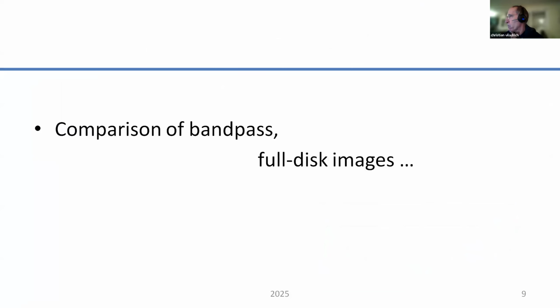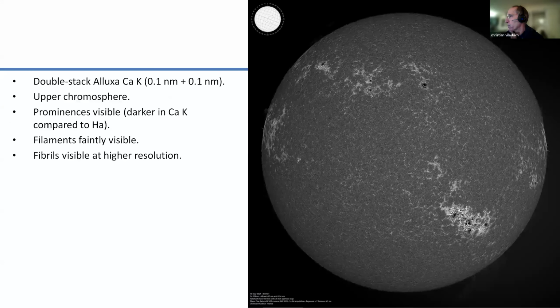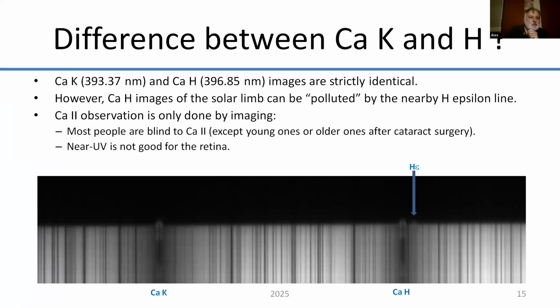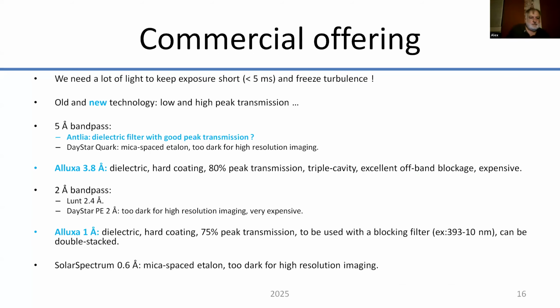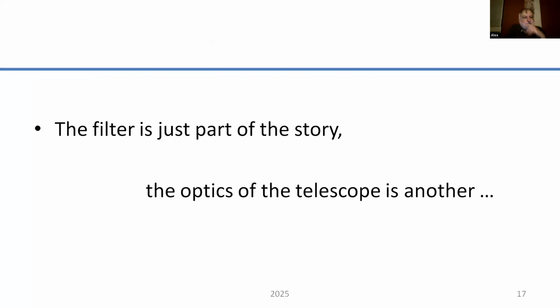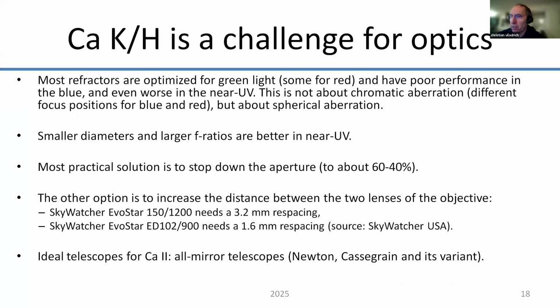So I'll go on. Basically it was about the filters, but the big issue is about the optics. This is very challenging because we are in the near UV, and unfortunately, most of the refractors are not optimized for violet, deep blue imaging.